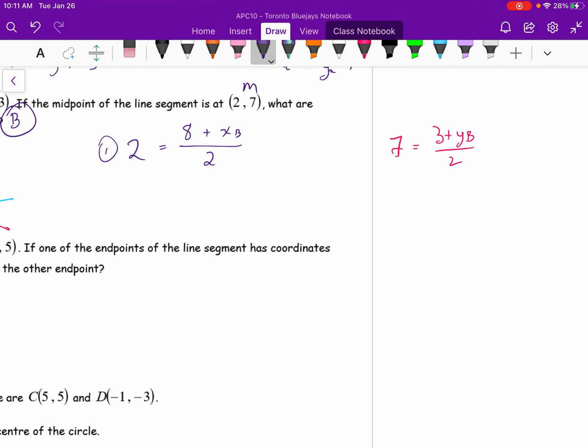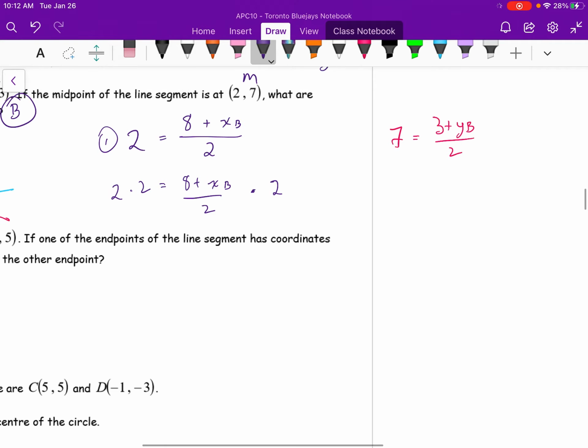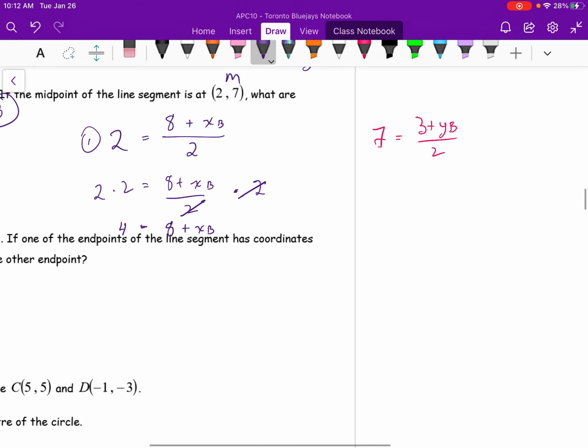So, to solve equation number 1, I'm going to multiply both sides by 2. What I end up getting is 2 times 2 is 4. On the right side of my equation, the factors of 2 cancel each other out, so I get 4 is equal to 8 plus xb. I'm not done though.